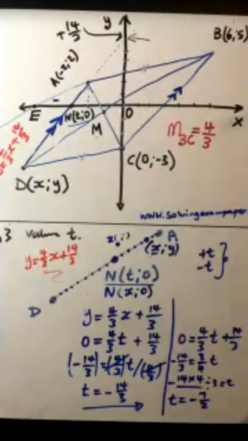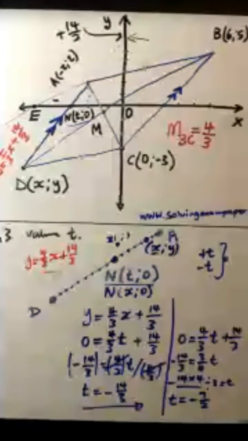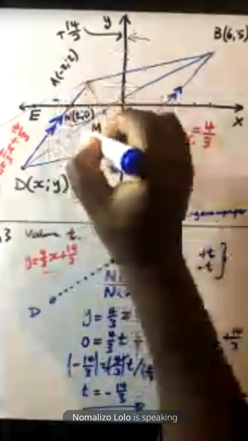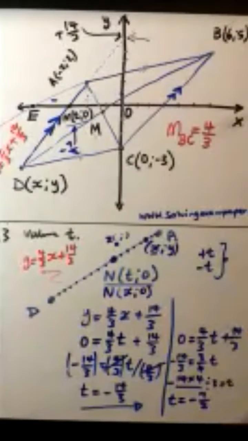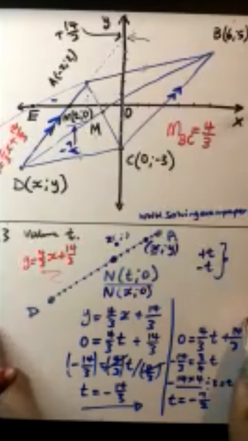Okay, so anyone else? Negative 7 over 2. Okay, that's great. Then it means our t value is negative 7 over 2. Okay, so this is how you do that calculation.